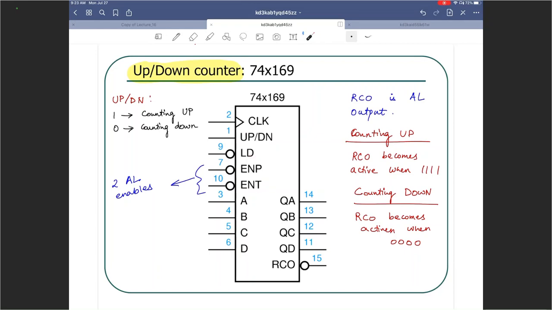For this particular chip, the designers went for an active low output so that this output can be connected directly to the active low enables or the active low load input, so that there's no need for another gate here. So I would say it was the designer's choice in this one.